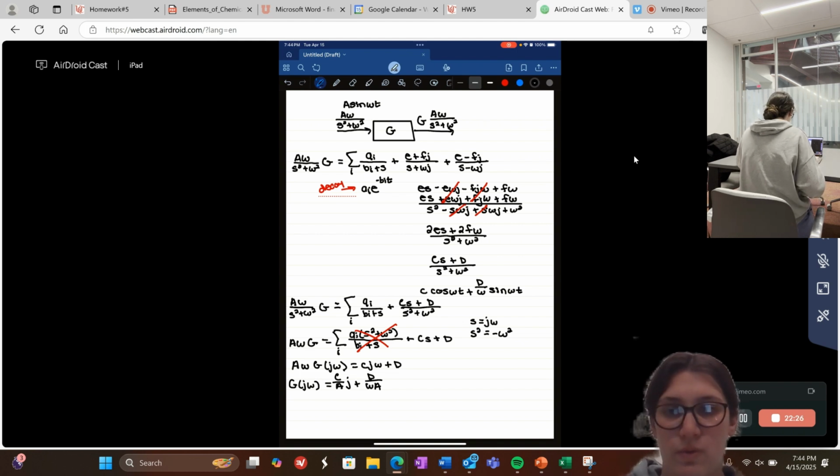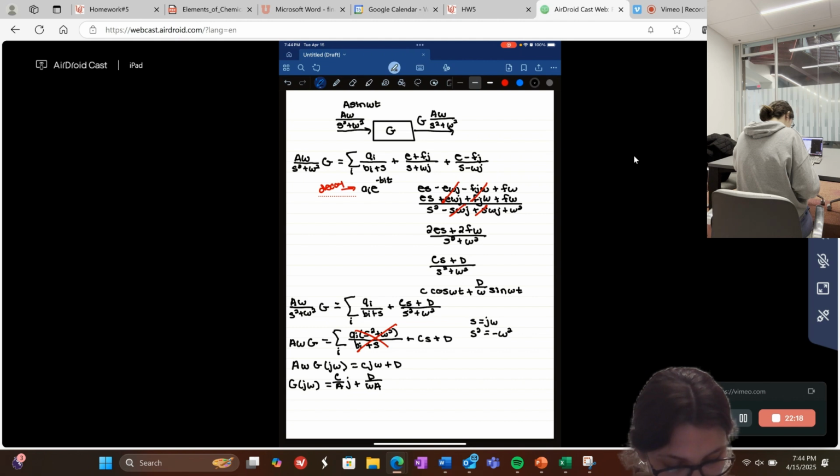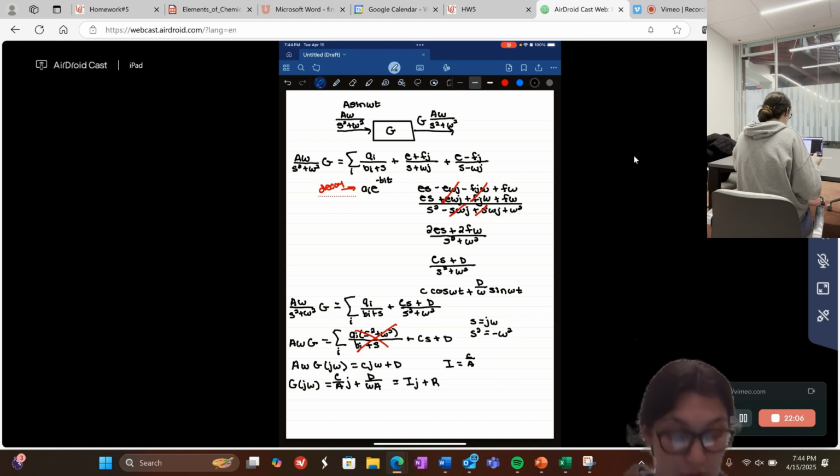Now we know that when we do this, we're always going to have an imaginary part and a real part, and here we can identify our imaginary part as c over a. So when we're looking at it here, we're going to have ij plus r. And those are the variables we're going to use.